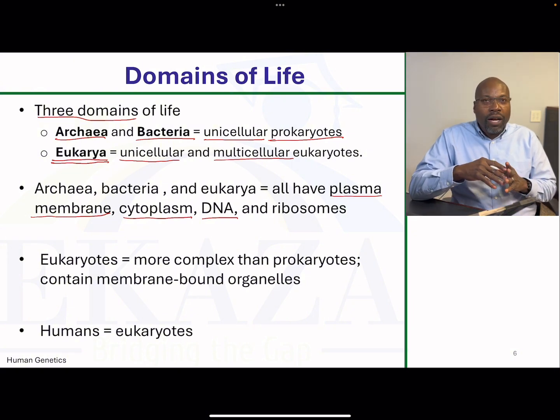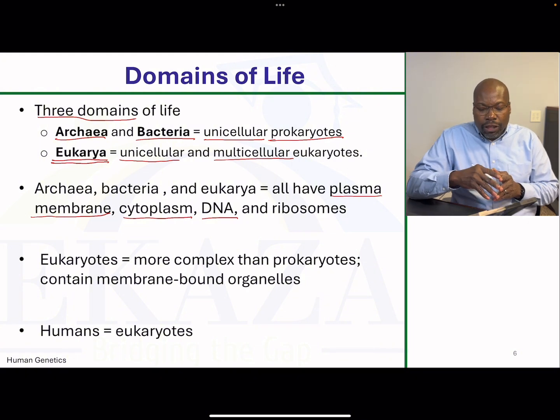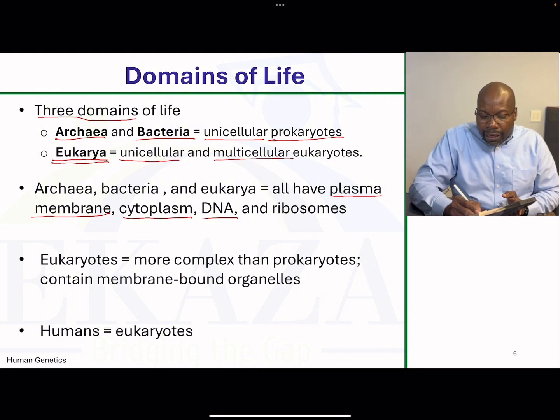Regardless of whether a cell is prokaryotic or eukaryotic, they are all made up of DNA as the molecule that contains the genetic information. And finally, all cells have ribosomes.